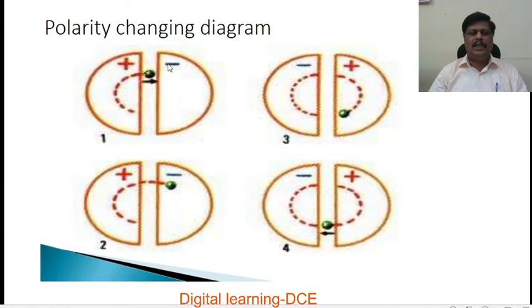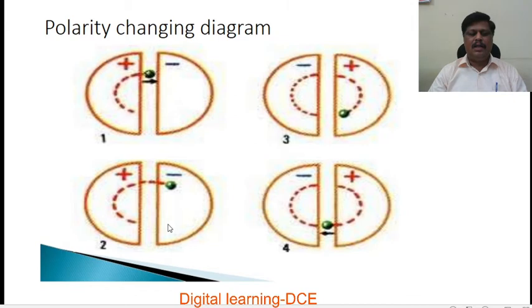So this negative potential attracts the positively charged proton, so that the proton gets accelerated. In the second diagram, whenever a charged particle, proton, moves in the Ds, it is acted upon by the magnetic field.